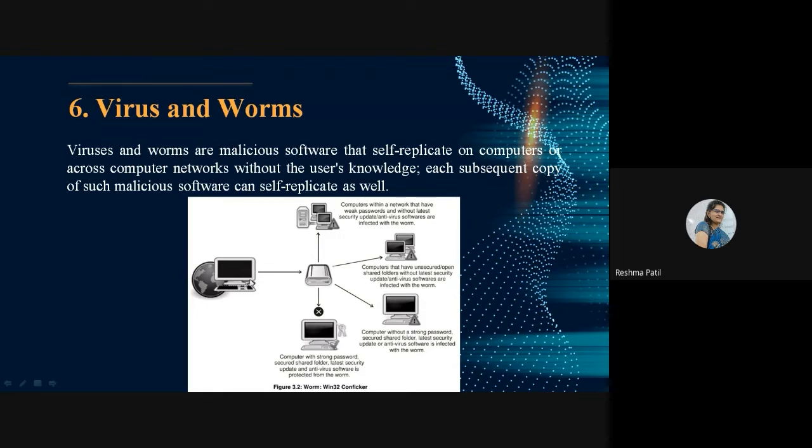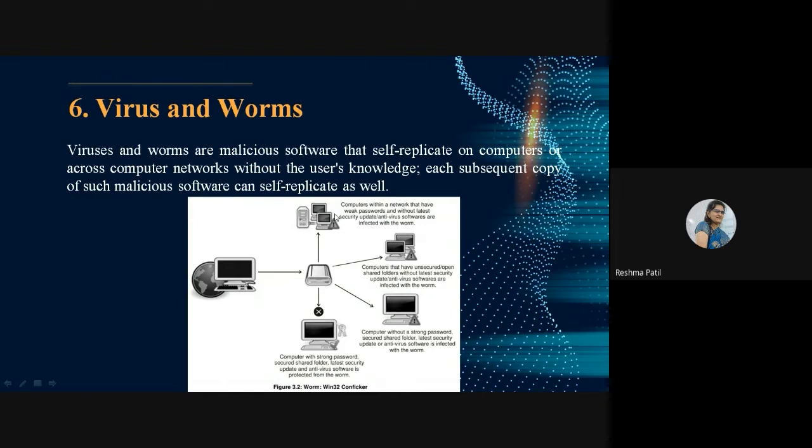Here you can check the example of a worm. How can we say whether your computer is safe or secure or not? First case you can check here. Computers within a network that have a weak password and are without the latest security update or antivirus software are infected with the worm.